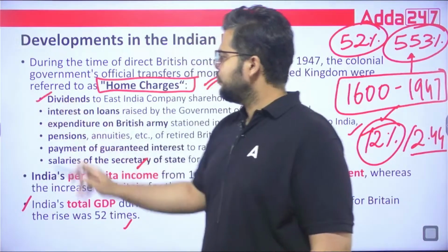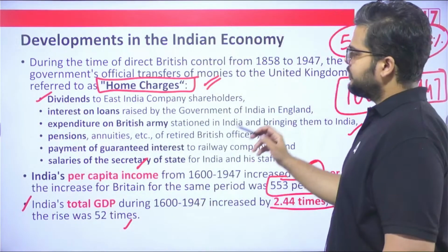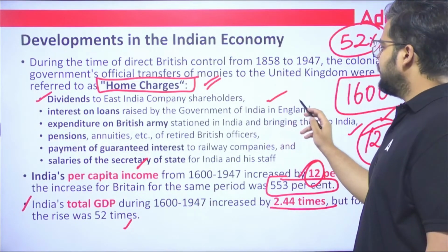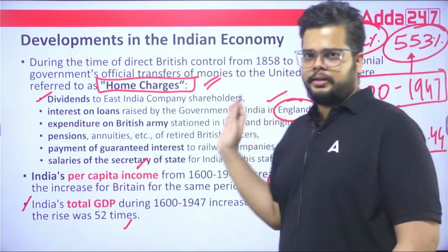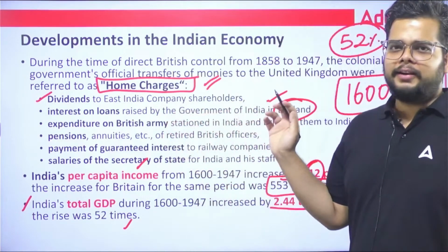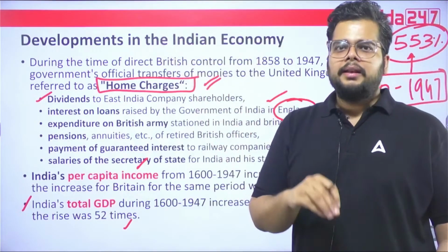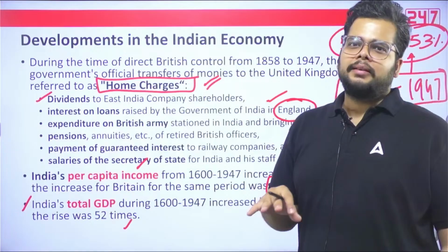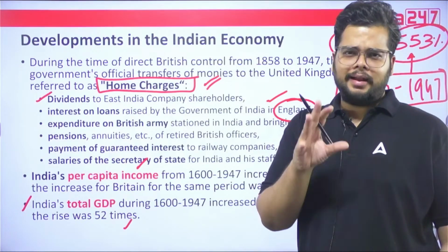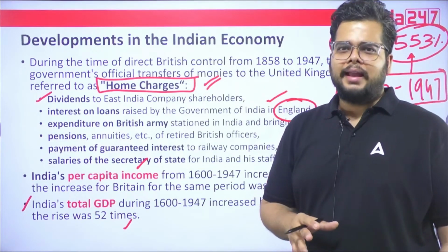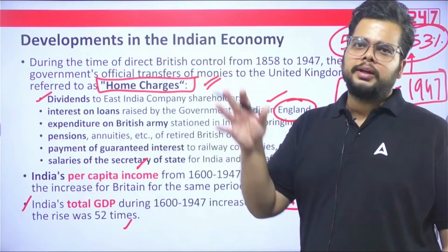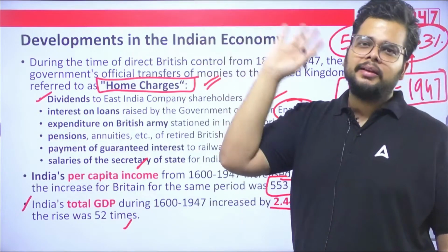The dividends to the East India Company, interest on the loans raised by the government of India in England. Just try to comprehend what the role of India in England is. Indian people are paying, I would say, a large chunk of their salaries or their money to the Britishers to build something in the UK.